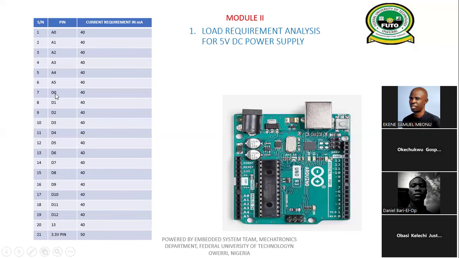Arduino Uno has 13 digital input-output pins, and each of them equally takes a maximum of 40 milliamp. There is a 3.3 volts terminal there. If you are going to use it, the maximum it takes is 50 milliamps.